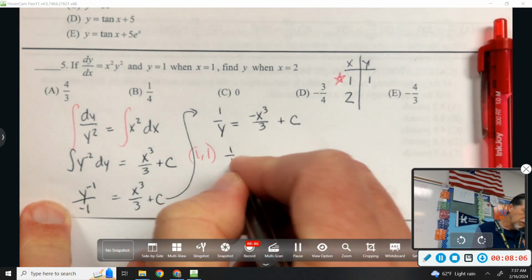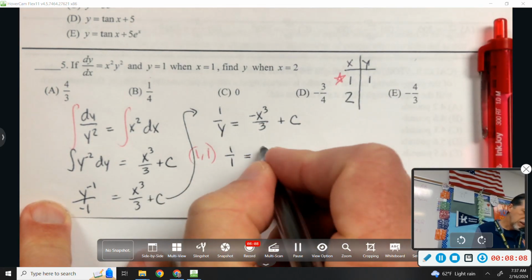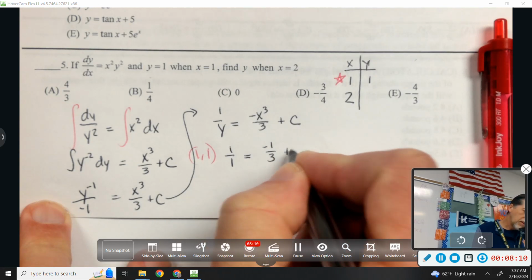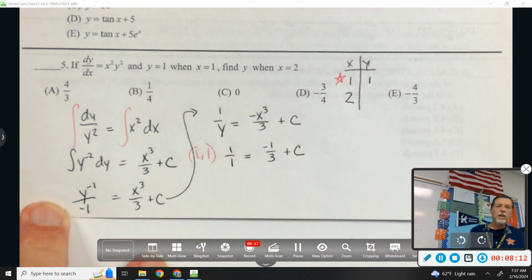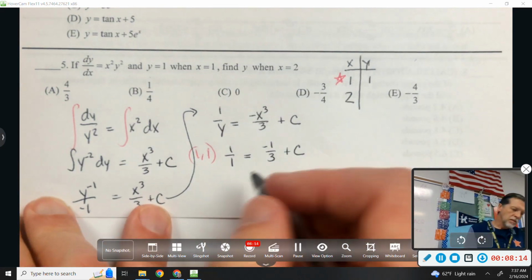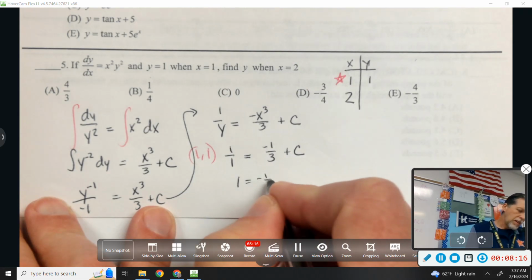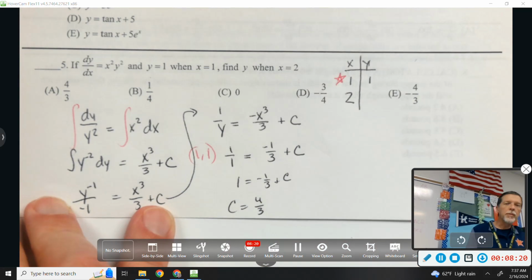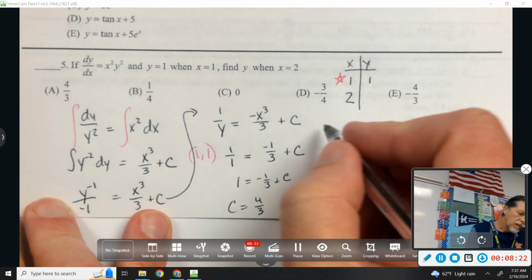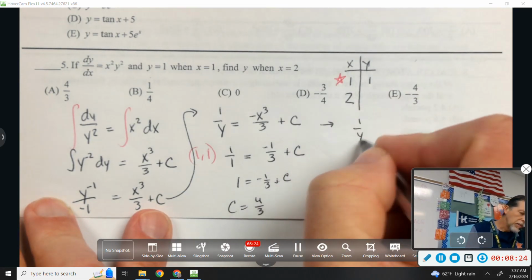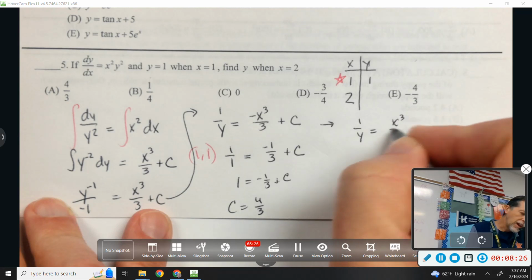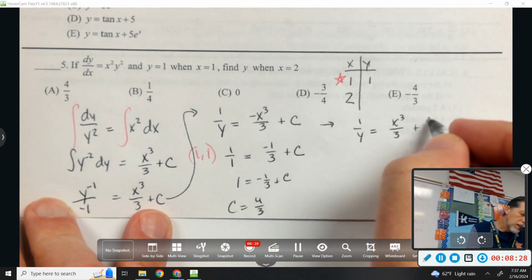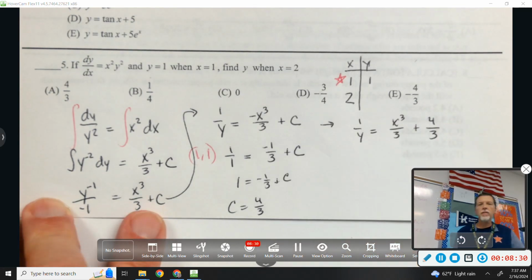So 1 over 1 equals negative 1/3 plus c. So that means that c equals 4/3. So 1 over y equals negative x cubed over 3 plus 4/3.